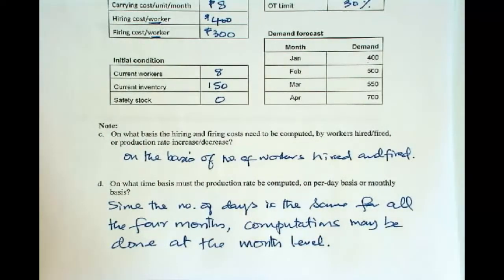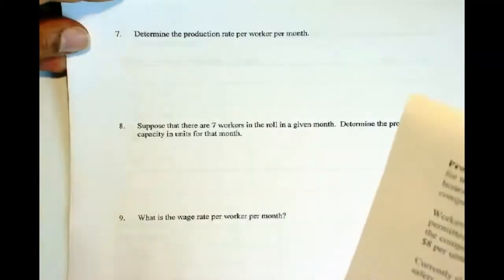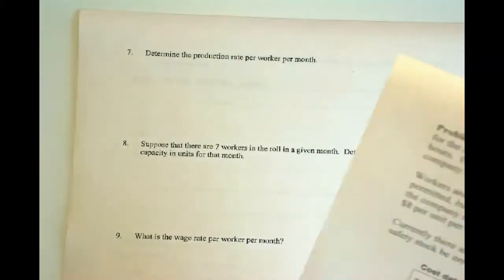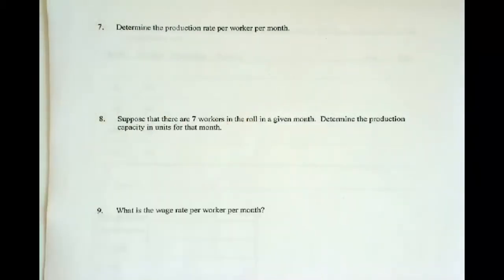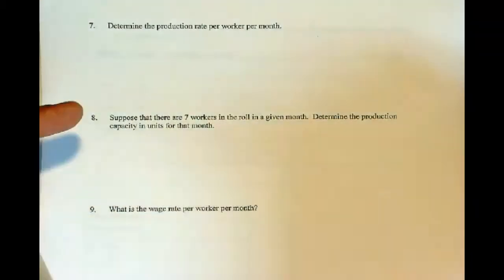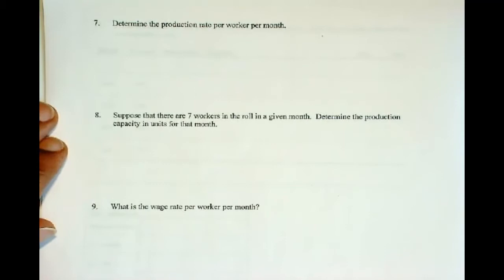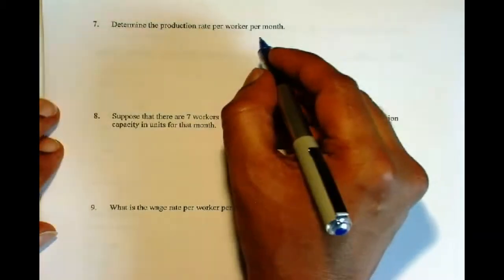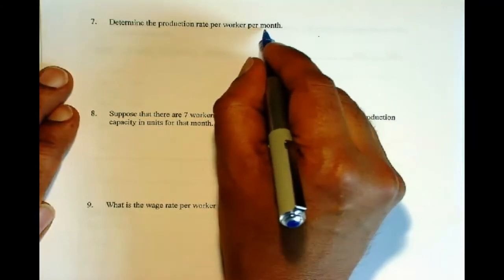Okay, now let's compute some factors like what we did in problem number 1. These problems are not numbered properly, so don't pay attention to those numbers. So determine the production rate per worker per month. See, this time we are computing these on the basis of per month and not per day.